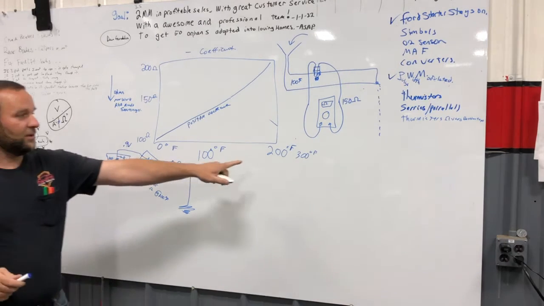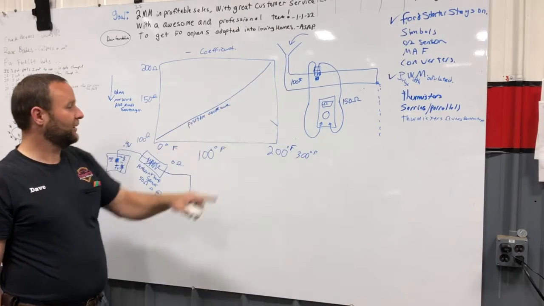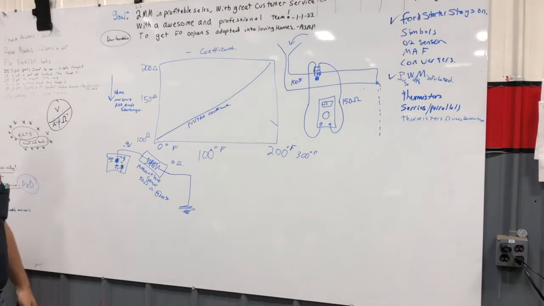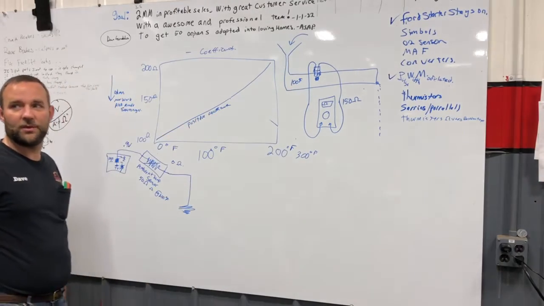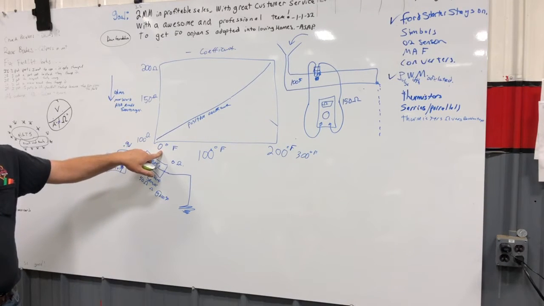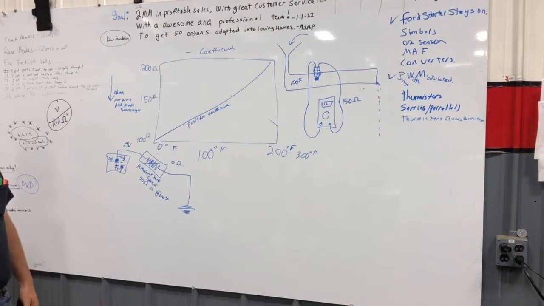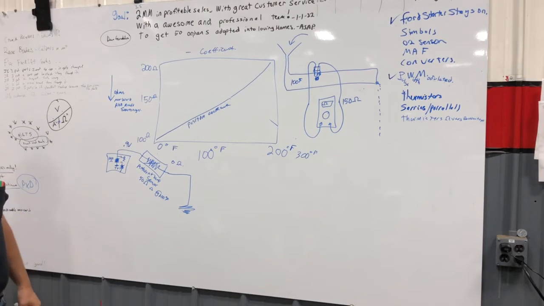It's going to tell the computer it's 200 degrees. What if it says 100 ohms? We know this is 100 degrees. If it says 100 ohms though, it's bad, because it's telling the computer I'm at zero. It's all what this guy, the comparator, thinks inside. Does that make sense?